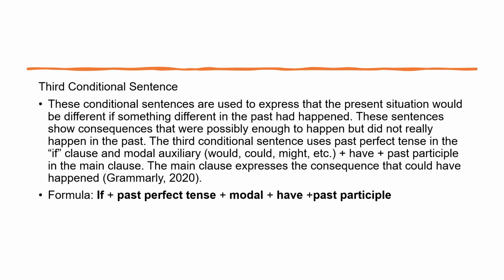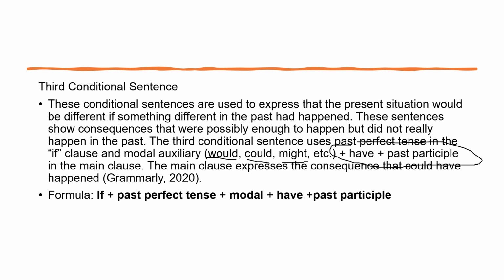And lastly, third conditional sentence. These conditional sentences are used to express that the present situation would be different if something different in the past had happened. These sentences show consequences that would possibly have happened but did not really happen in the past. So the third conditional sentence uses past perfect tense in the if clause and modal auxiliary plus have plus past participle in the main clause.